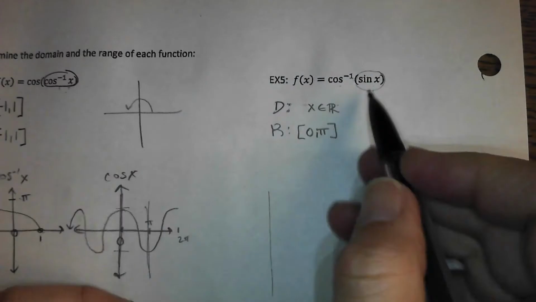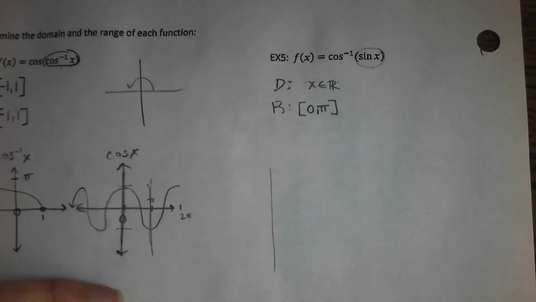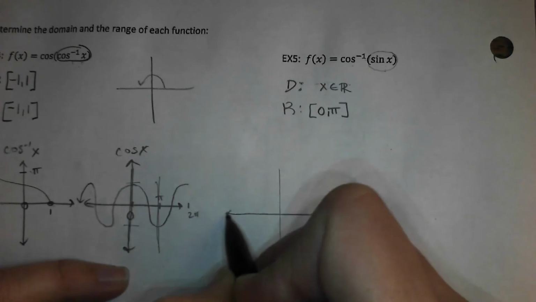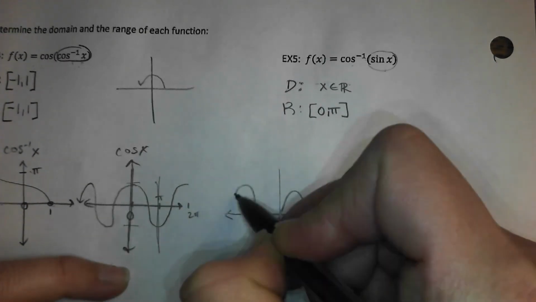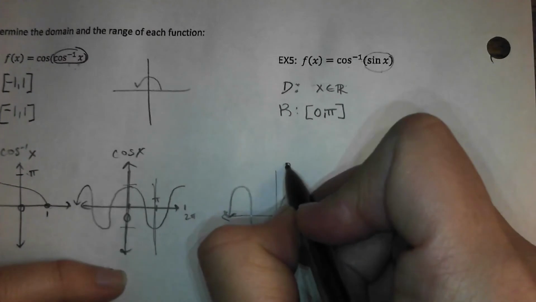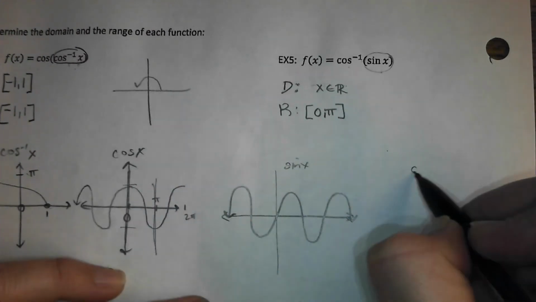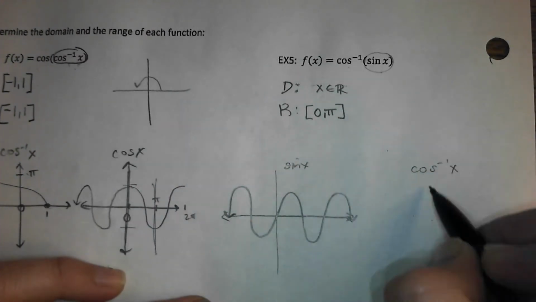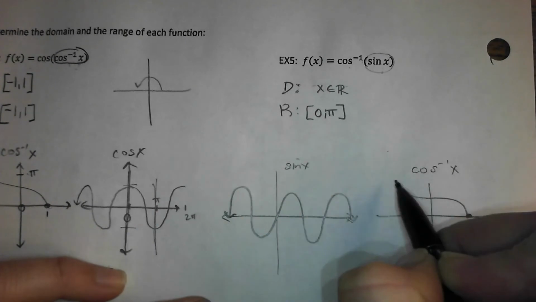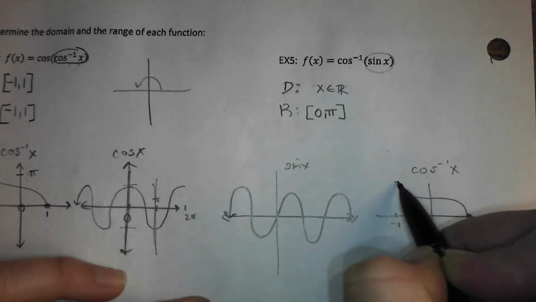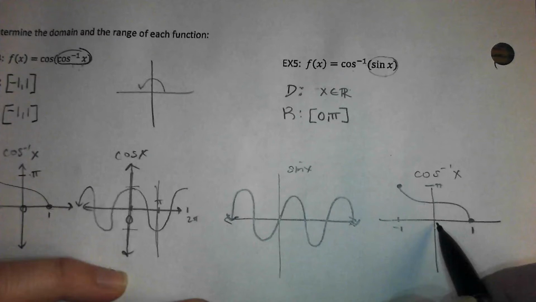So I'm going to graph a sine curve and an inverse cosine curve, and we'll see if we believe all of that. There's a sine curve. And then inverse cosine. We already have it, but I'll do it again. 1, -1, pi.